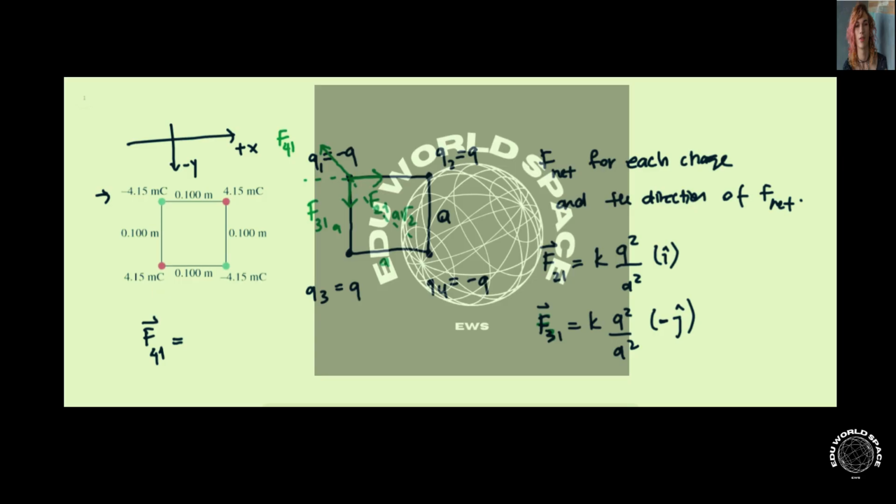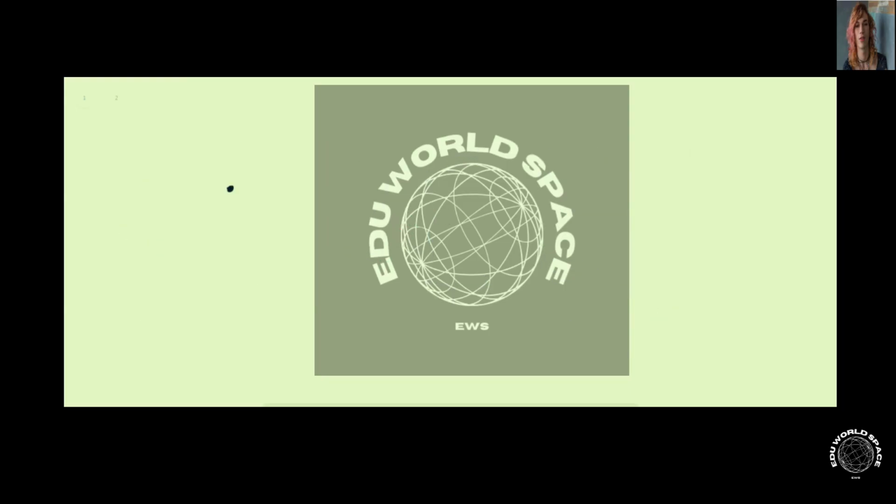Second, if we have a right triangle like this, whose legs are equal to each other, then the angle here has to be 45 degrees, which means the angle here is also 45 degrees. As you can see, F41 is applied at this angle. Let me draw it clearly. This is F41. We said that this angle is 45 degrees, so let's put it here, 45 degrees.